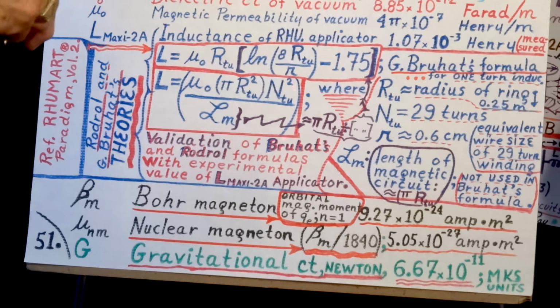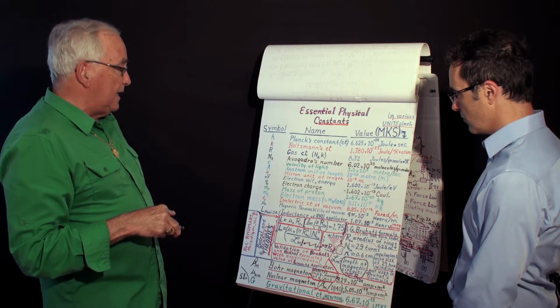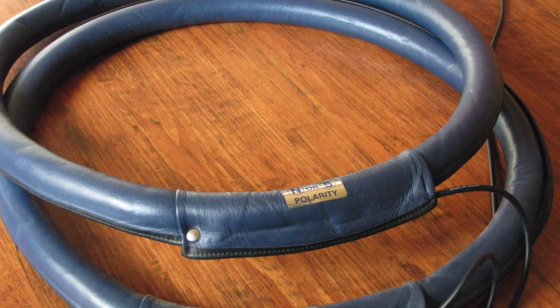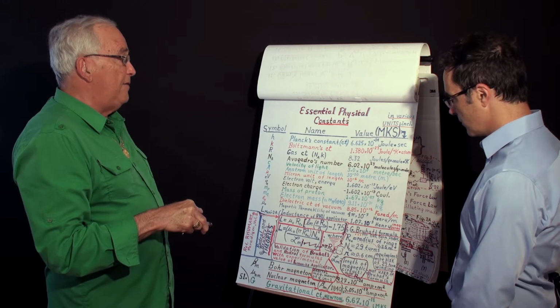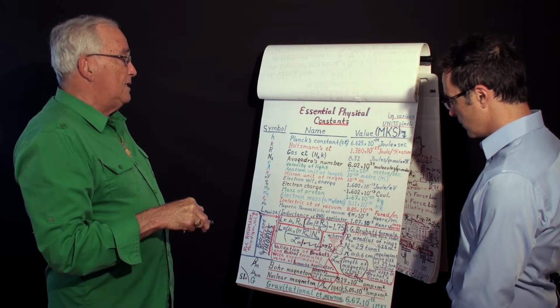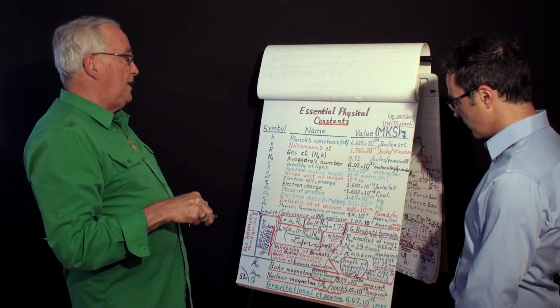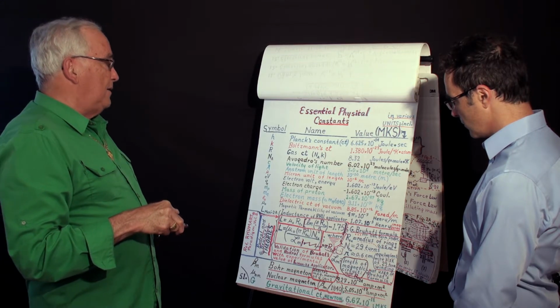I have calculated this assuming that the radius of one ring, Maxi dual ring, is 0.25 meter or 25 centimeter, that's 50 centimeter diameter.